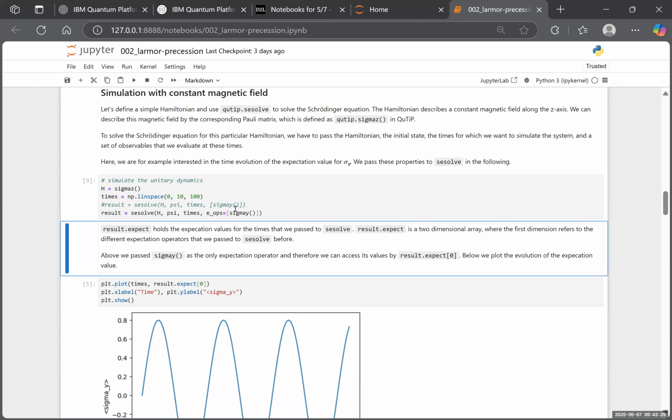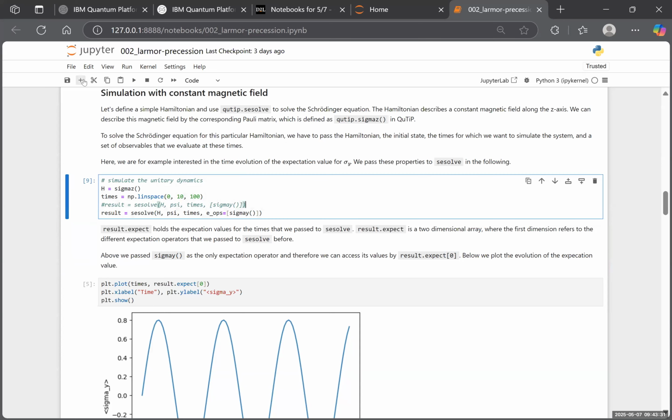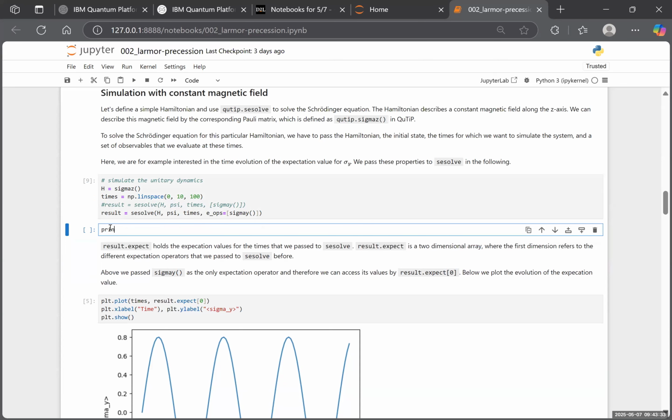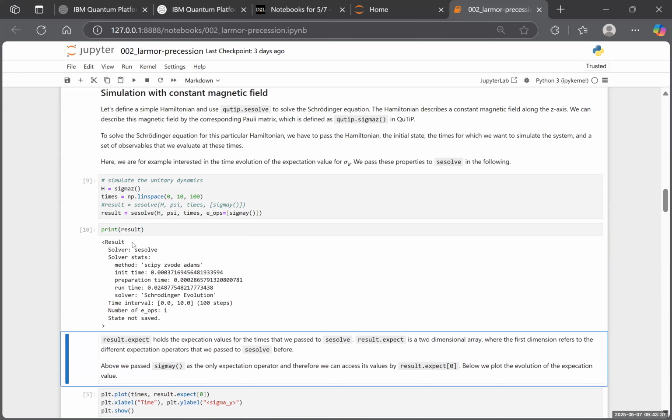We can always print out the result. A two-dimensional array.